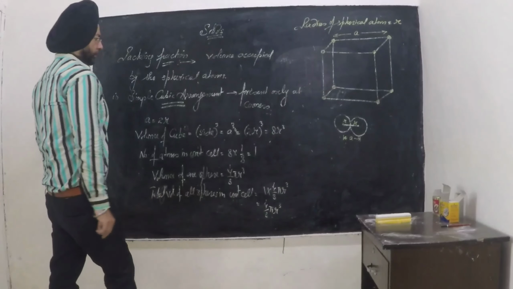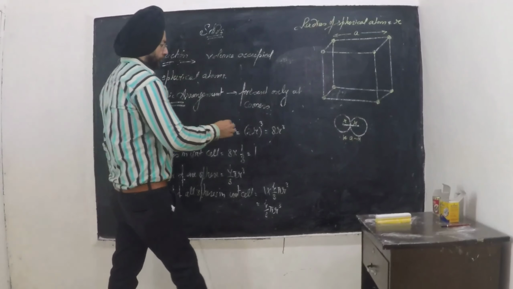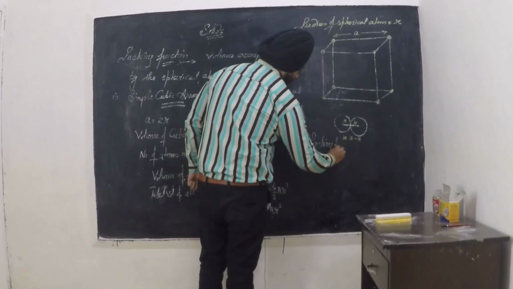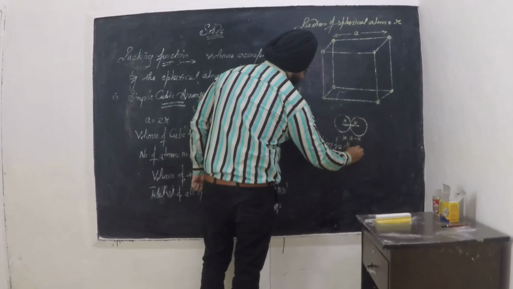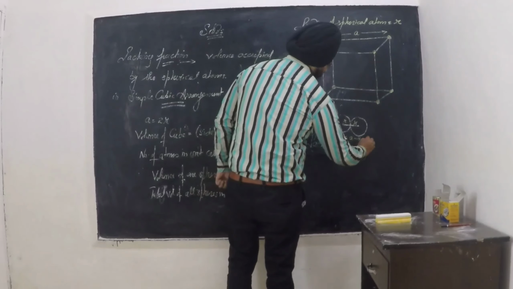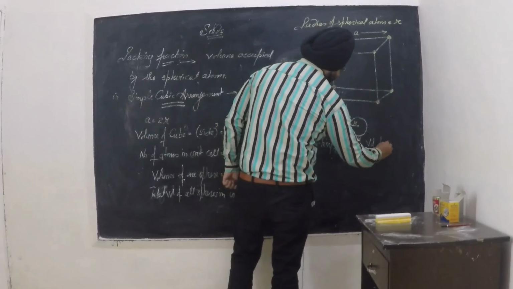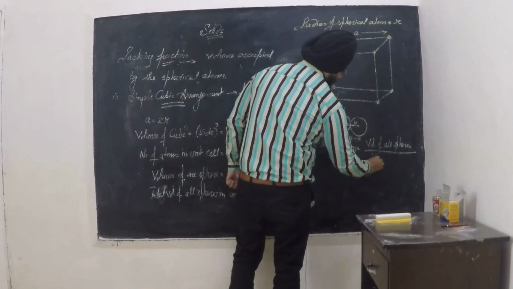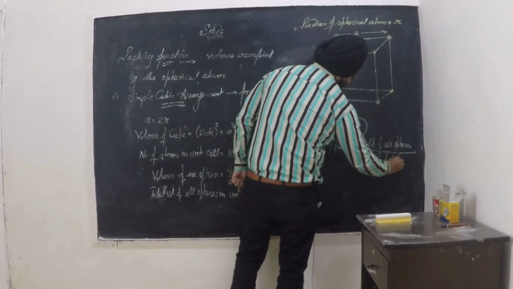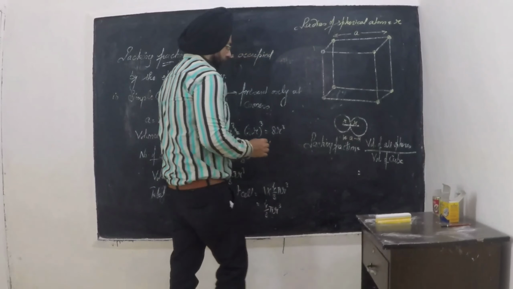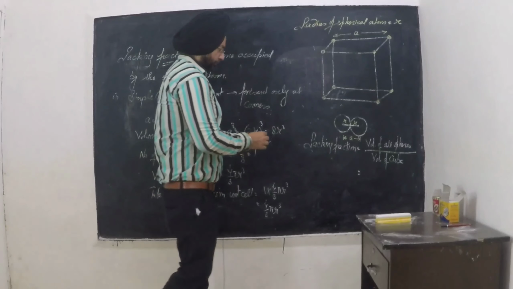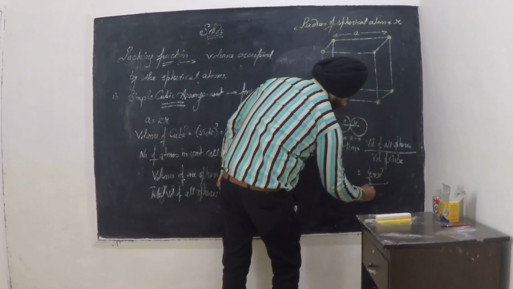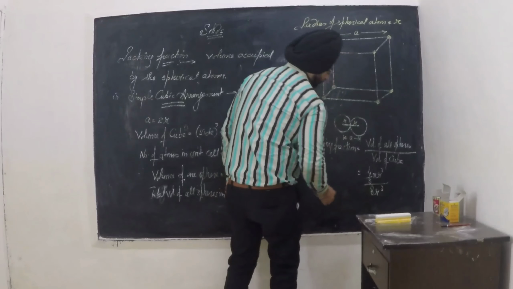Okay, so what is the packing fraction? Packing fraction means the fraction of the volume occupied by the spherical atoms. It is the volume of all the spheres over the volume of cube. So what you will get? Volume of all spheres is 4 by 3 pi r cube over 8r cube.